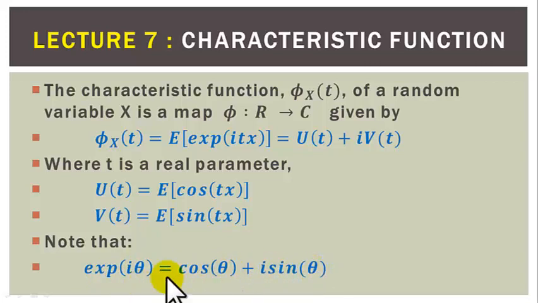So if we apply this to e^{itX}, it will be cos(tX) + i sin(tX). If we now take the expectation of this, that will give us the expectation of cos(tX) plus i times the expectation of sin(tX), which therefore implies that u is equal to this and v is equal to this.